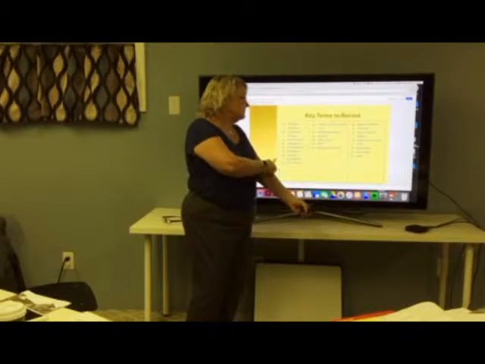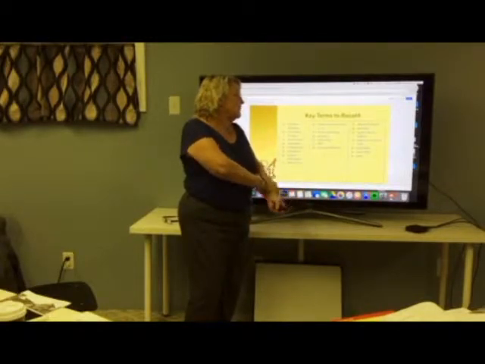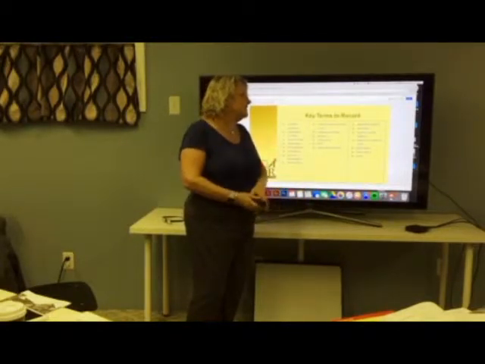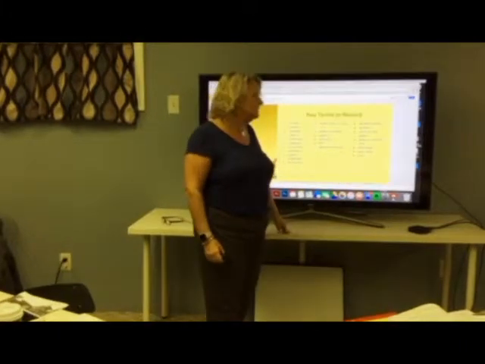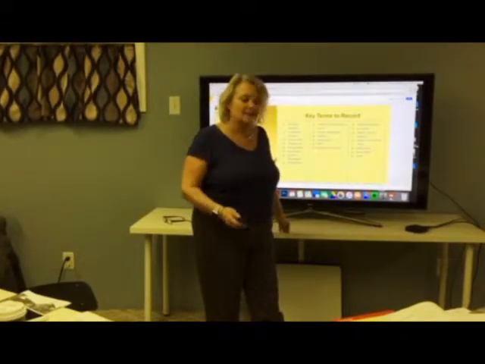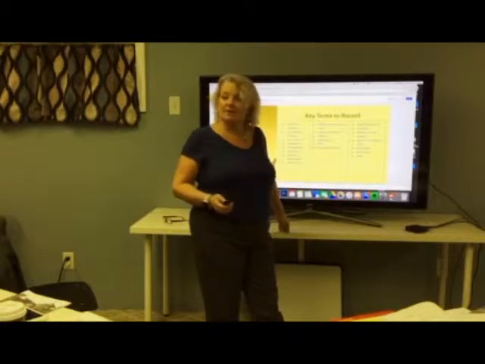Right of survivorship, separate property, severalty, tenancy by the entirety, tenancy in common, timeshare, townhouse, and trust. So a lot of vocab there too.